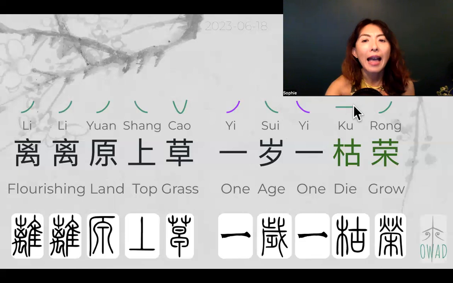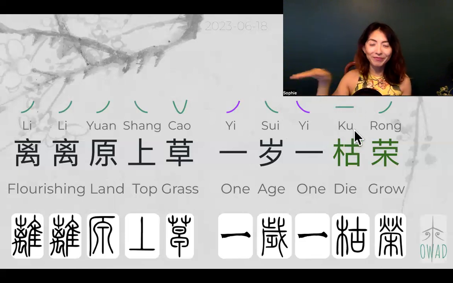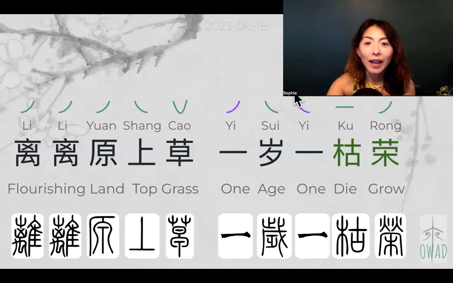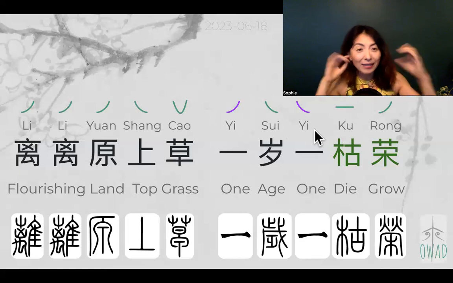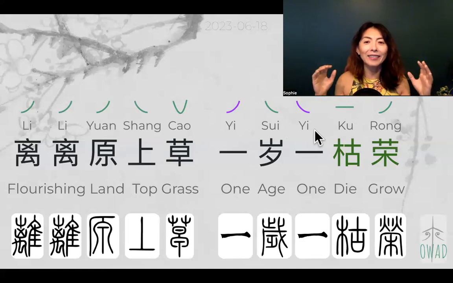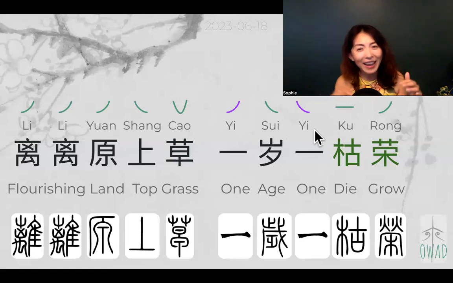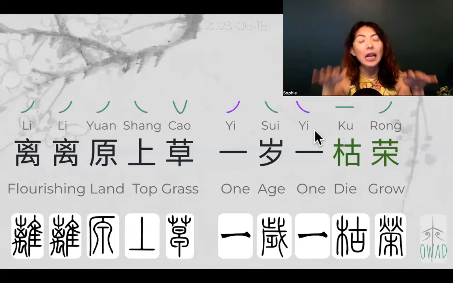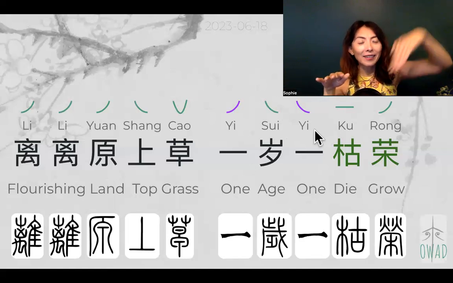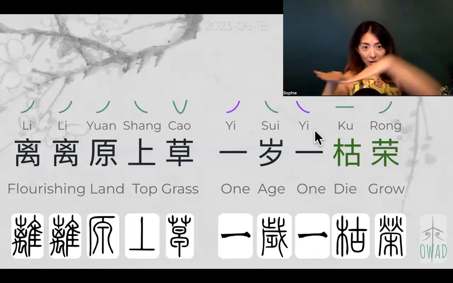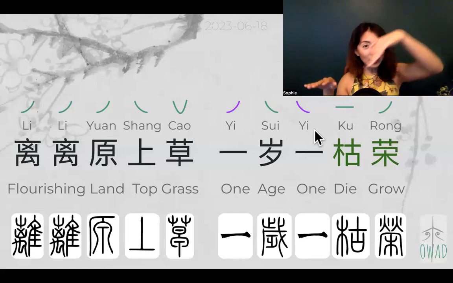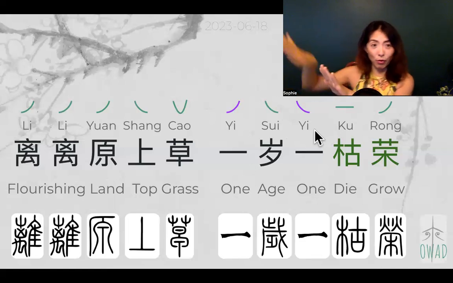Okay, and the 枯 is a flat tone. And so here, the flat tone 一枯荣 sounds a little bit too stiff, like two flat tones next to each other. So here it is a falling tone, like falling into this curve. So 一枯荣.